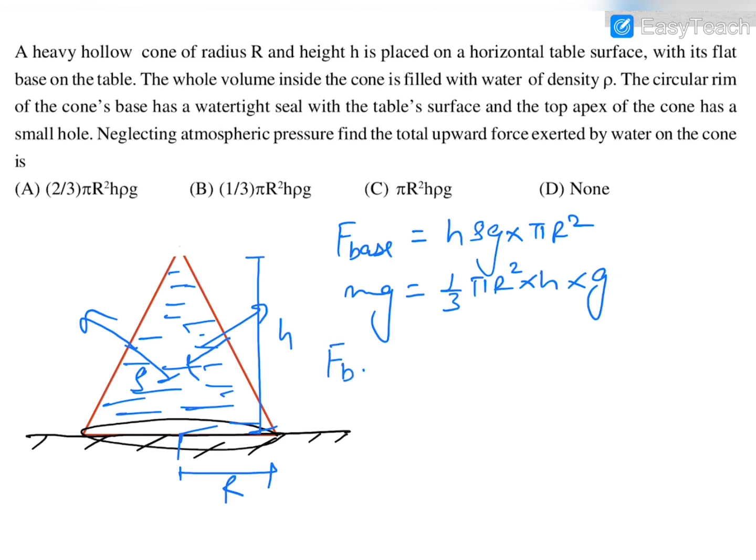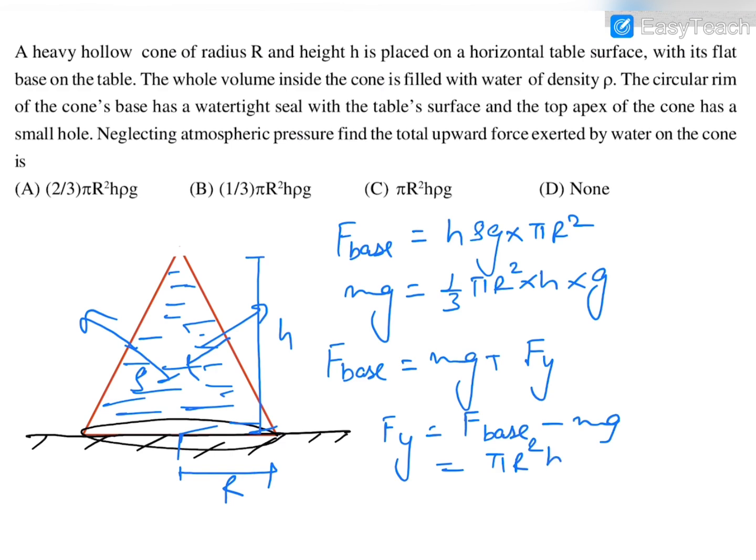So we can say that the force on the base will be the sum of mg plus the y component of this reaction, which is, let's suppose, Fy. So this Fy will be equal to F on base minus mg. Now F on base is pi r square h rho g minus 1 by 3 pi r square h rho g.